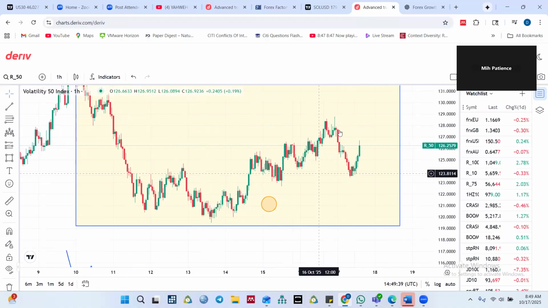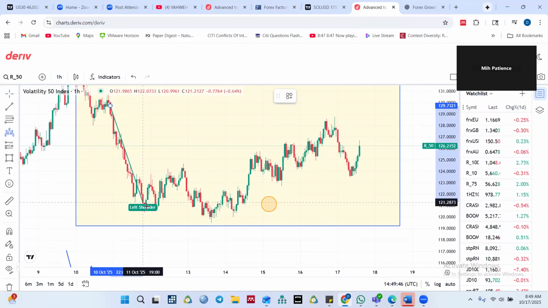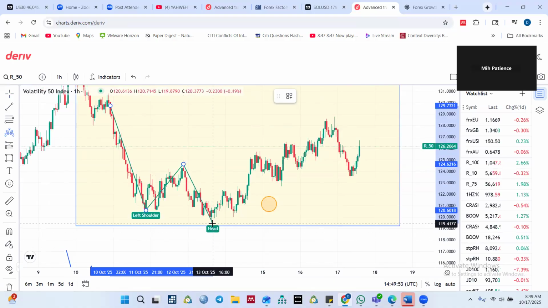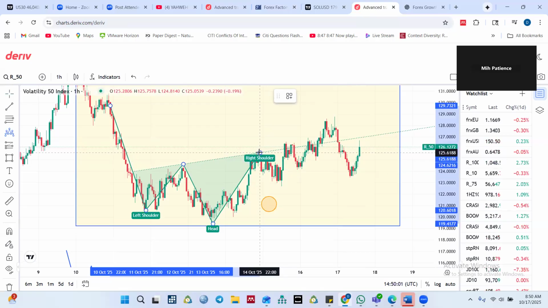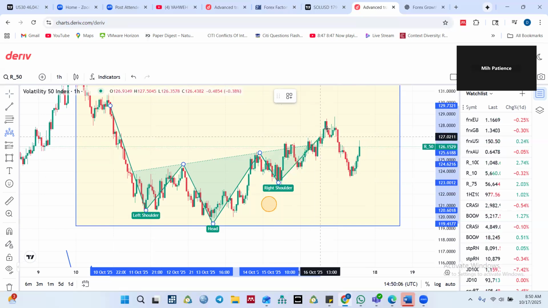So let's say this is the live chart that I was explaining below. Let's take this as a left shoulder, this as a neckline, this as a head, and price breaks the neckline, drops down to form a right shoulder, and goes up and breaks.